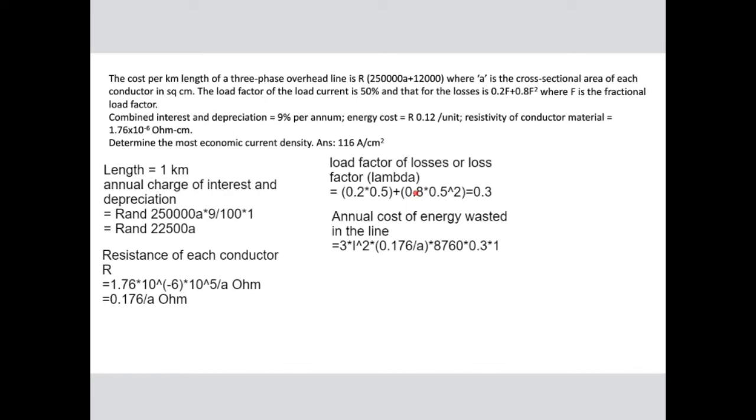Then you multiply by 10 to the power minus 3 for kilowatt conversion. Right, and then you multiply it by the rate of energy, which is 0.12.